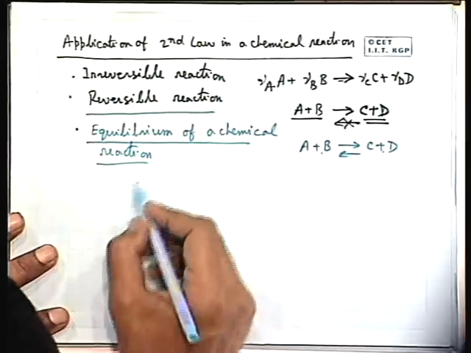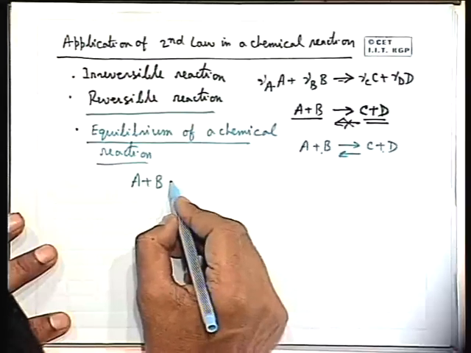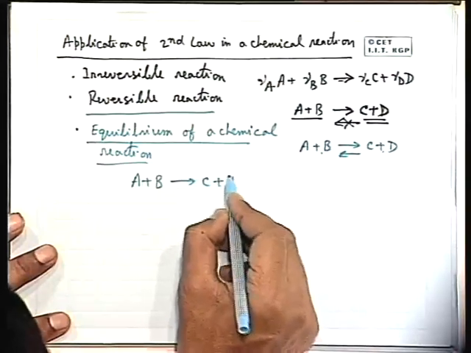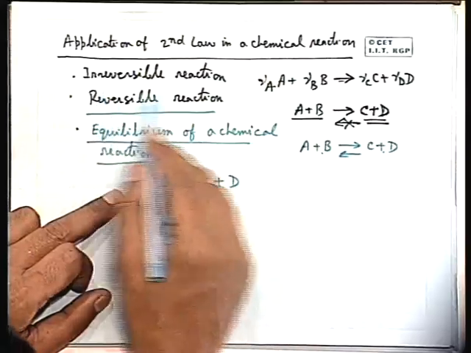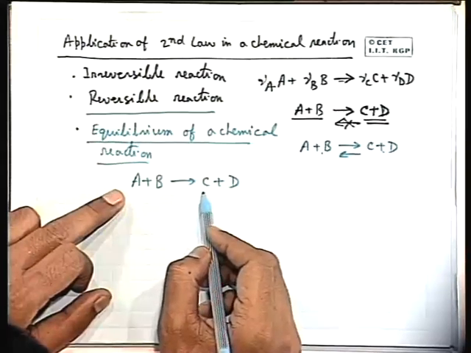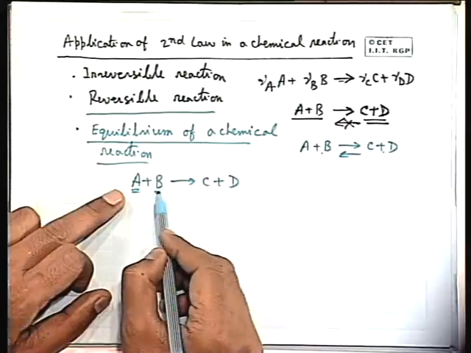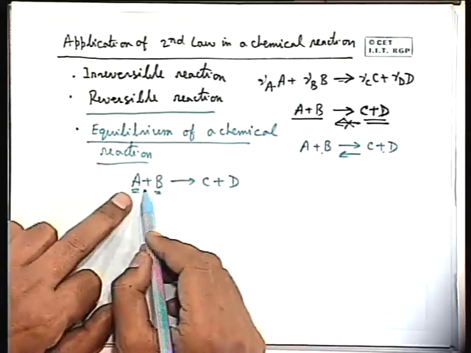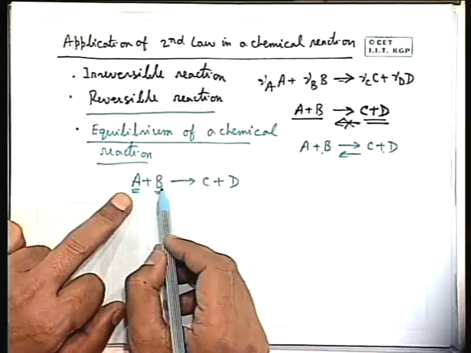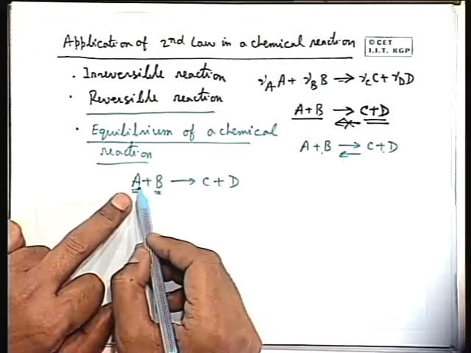How does the equilibrium take place? In case of a one-directional or irreversible reaction, A plus B giving C plus D, the equilibrium will be achieved when one of the reactants or both the reactants is totally consumed to produce C plus D. If the reaction takes place in stoichiometric proportion, then both reactants will be consumed simultaneously. Otherwise, one of the reactants will be consumed fast.